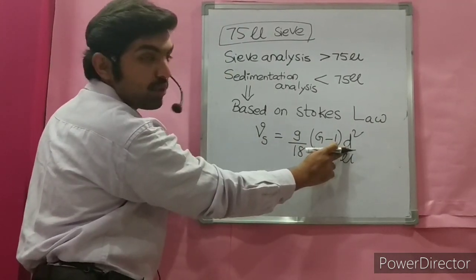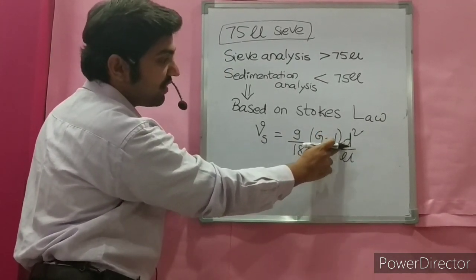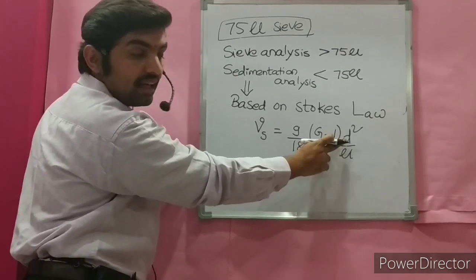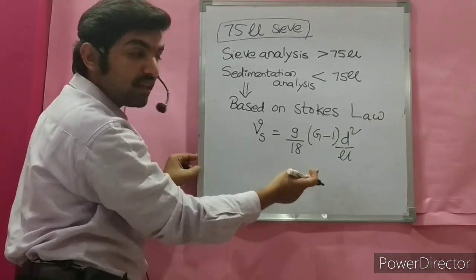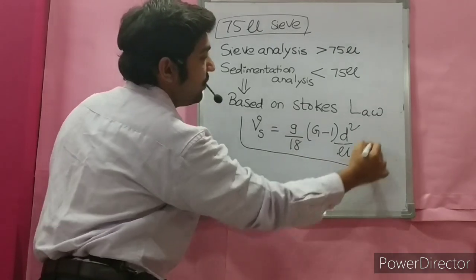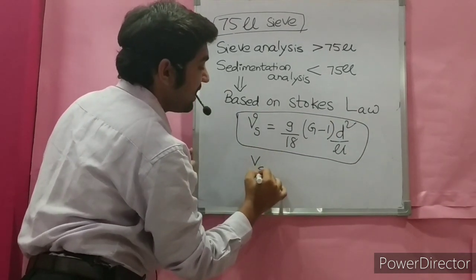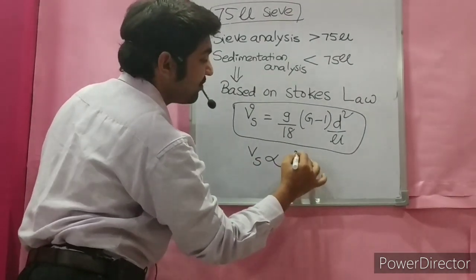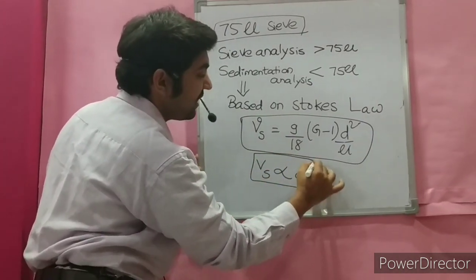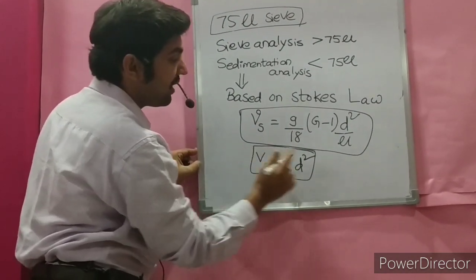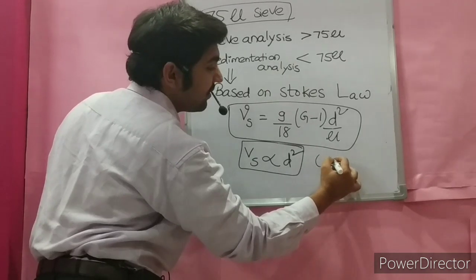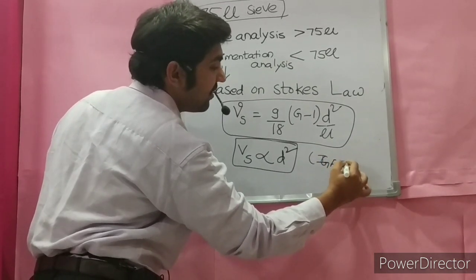Velocity is directly proportional to the square of the size of the particle, where d refers to the diameter or size of the particle. So settling velocity is directly proportional to the square of the size of the particle. Based on this concept, one numerical question came in GATE 2011.